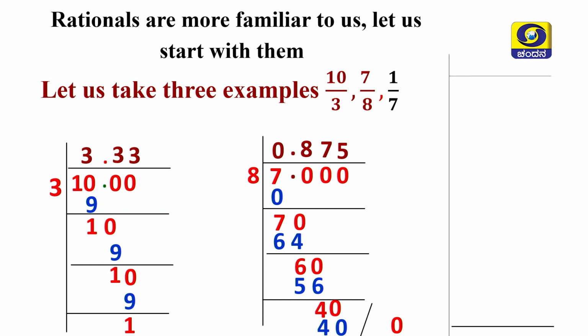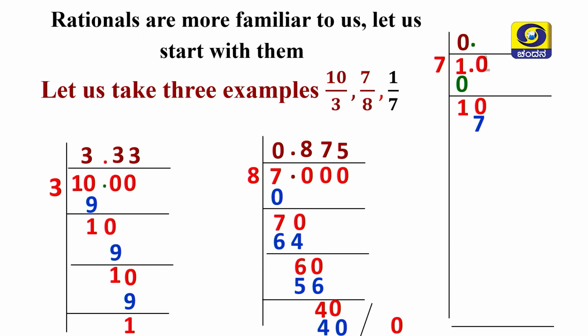Now, we will take further one, that is 1 by 7. 7 zeros are 0. Why? Because denominator is greater than numerator. So, we will take 0. So, 7 zeros are 0, 1 as it is now. Now, put a decimal point and take 1 0. 7 1s are 7. Now, the remainder is 3. You have to subtract 7 from 10, we will get 3. Now, take another 0.